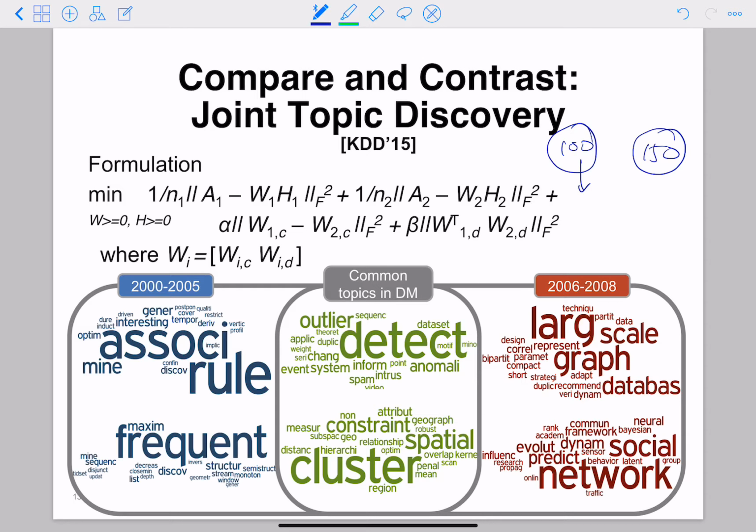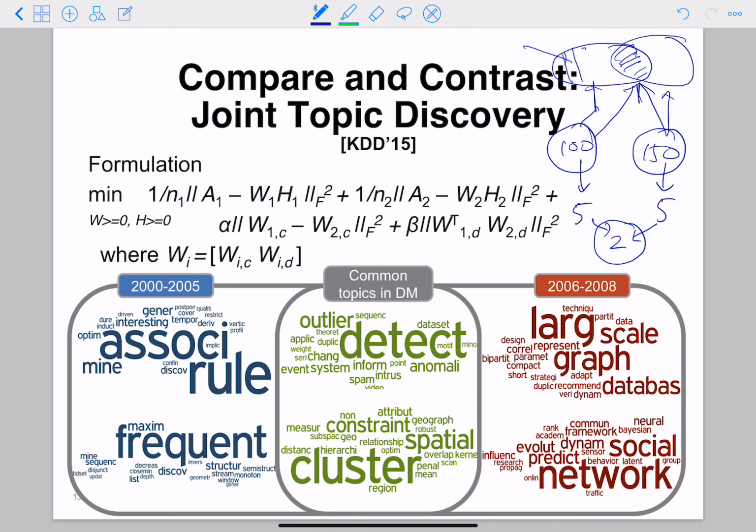We cluster them into maybe 5 clusters and another 5 clusters, still separately, but two of them are constrained to be the common ones. So the common clusters will contain data items from both data sets, but the clusters corresponding to A minus B and B minus A should not contain any data from the other data set.